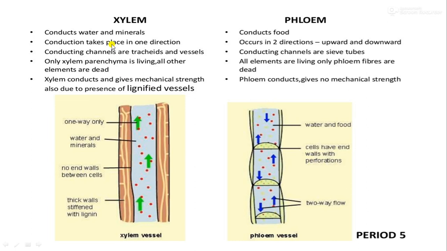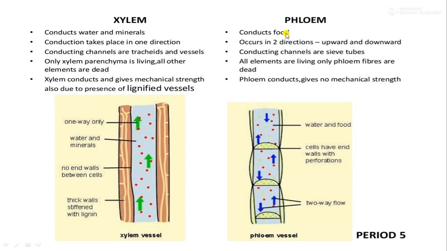Then the function. Xylem conducts water and minerals, and conduction takes place in one direction. Conducting channels are tracheids and vessels, and only xylem parenchyma is living, all other elements are dead. And xylem conducts and gives mechanical strength due to the presence of lignified vessels.